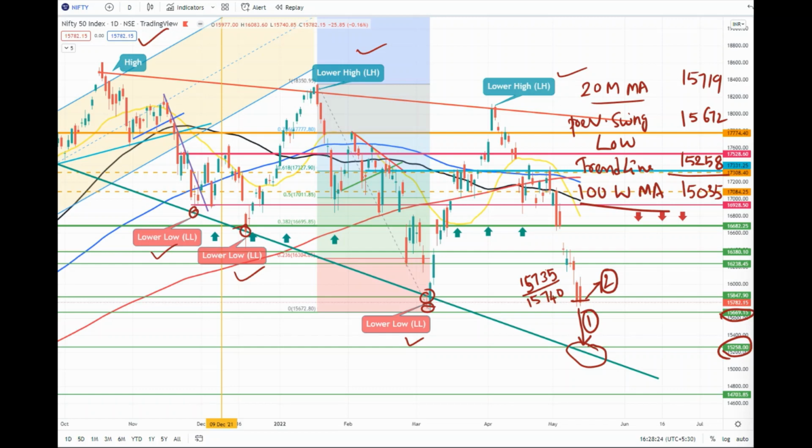So what are the levels that we should be looking at in case of reversal on the upside? I have no answer. Why? If there is a reversal, the moves are going to be very wild, and putting a number to it doesn't make any sense.